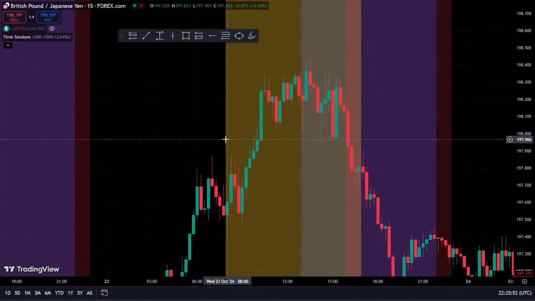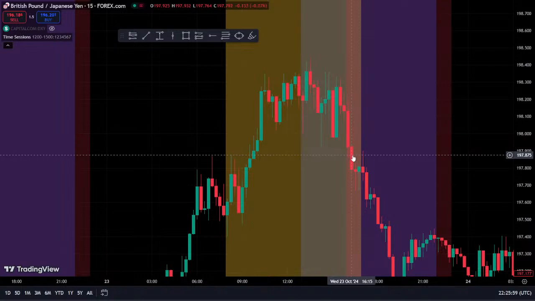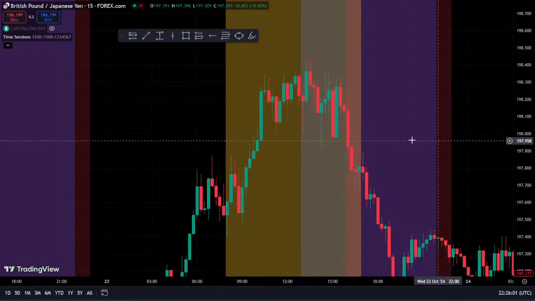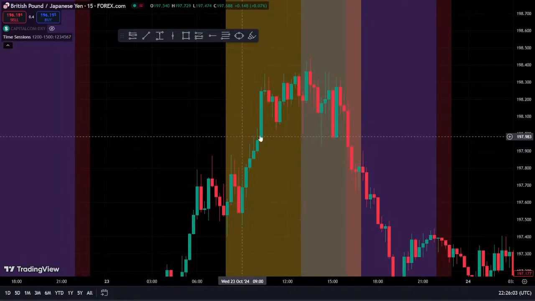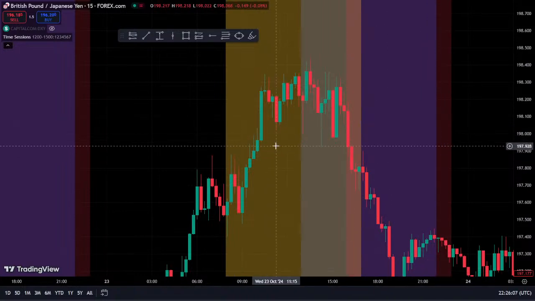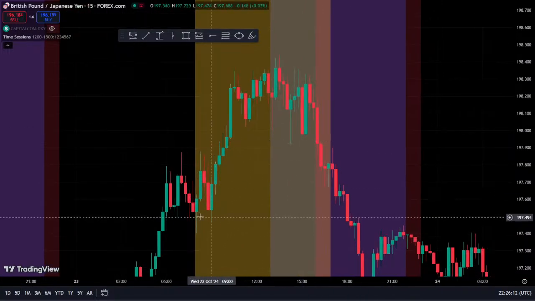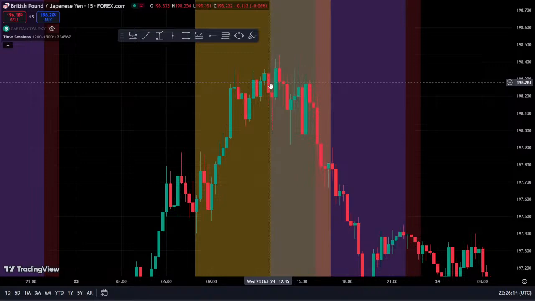Alright, so I'm guessing this is London, this is New York, red is Asian. So this is the overlap. As you can see, London has quite a lot.